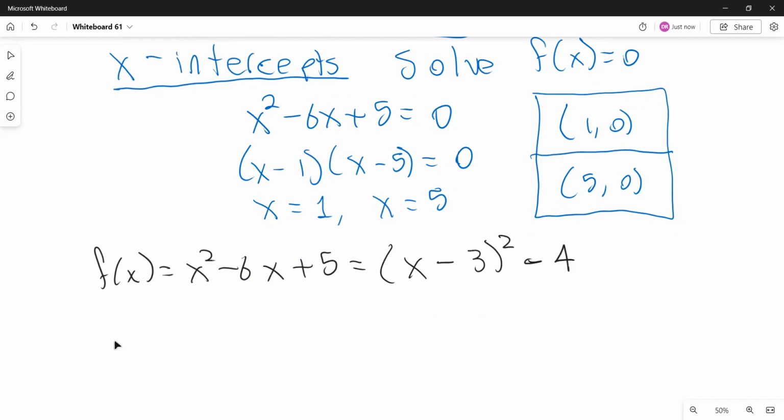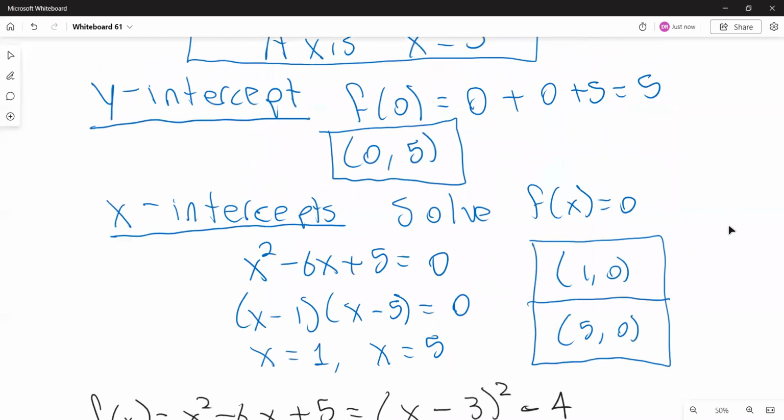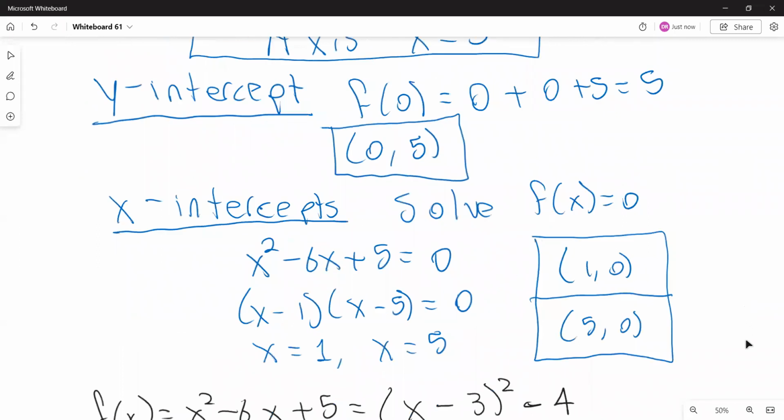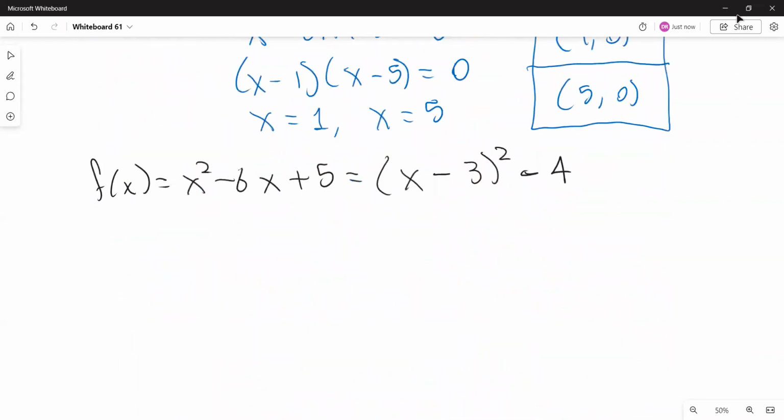So we are going to draw the graph. We have a good amount of information. We know the vertex, we know the intercepts, so that's going to be enough information to sketch the graph.